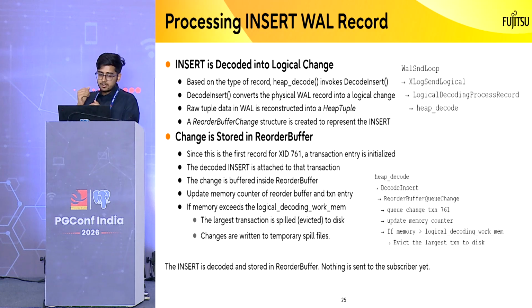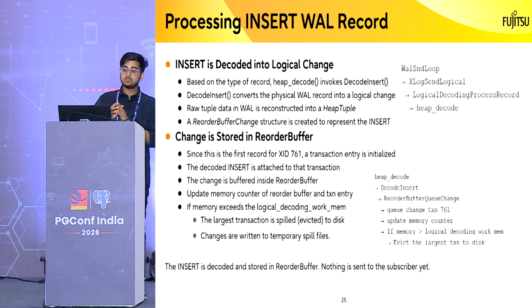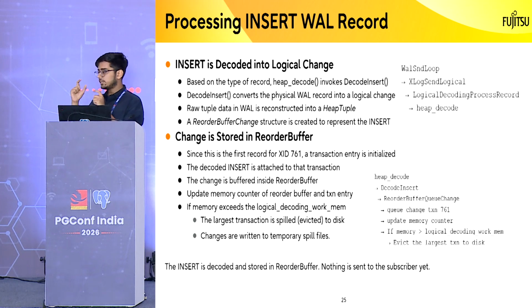It will read the raw tuple data in the WAL and reconstruct it into a heap tuple structure, and then store it inside a reorder buffer change. Once this reorder buffer change structure is constructed, it is sent to the reorder buffer to be stored. Since it is the very first record for transaction 761, a transaction entry is created for this transaction, and this insert record is queued inside that transaction entry.